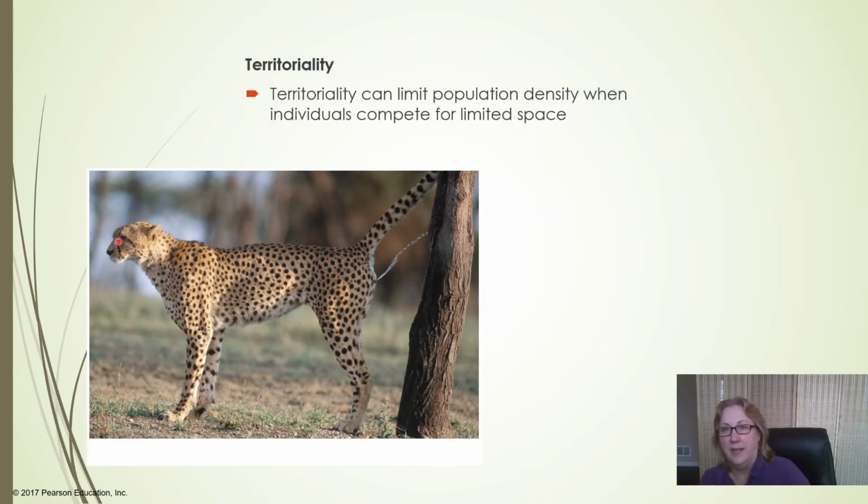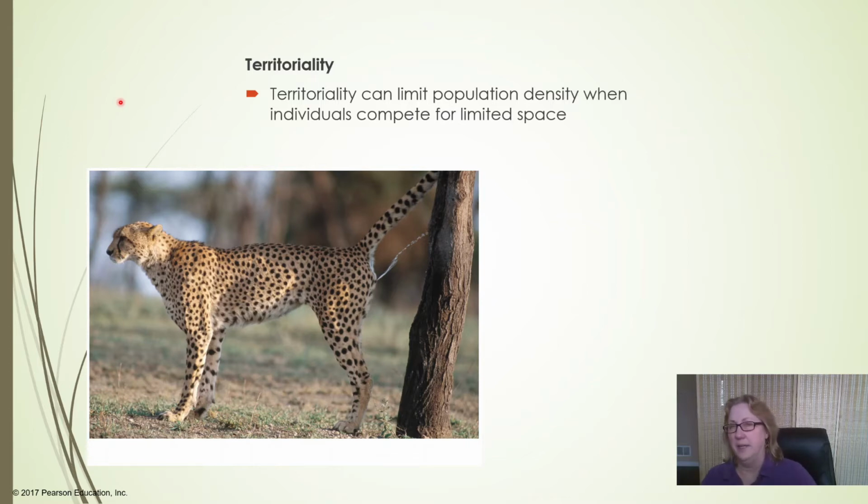So territoriality can also limit population density because it forces individuals out, especially animals that have very large territories that they defend, like predators. Bears and lions tend to have large territories, wolves as well. A pack of wolves will defend its territory from other packs of wolves, and they have very large territories.